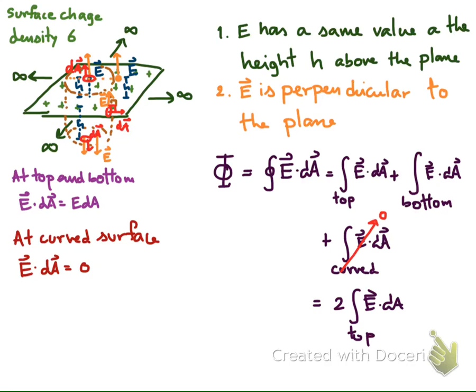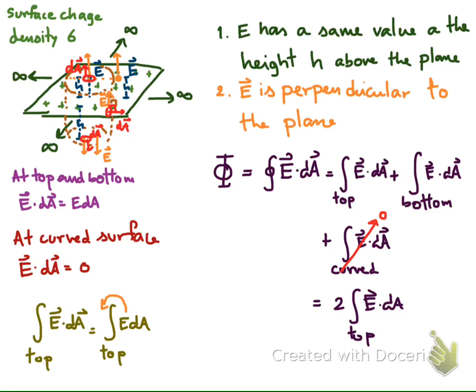Now the integral of E dot dA at the top is equal to the integral of E dA at the top surface. But from symmetry, we also have that E is a constant on the top surface. So we can take E out of the integration.